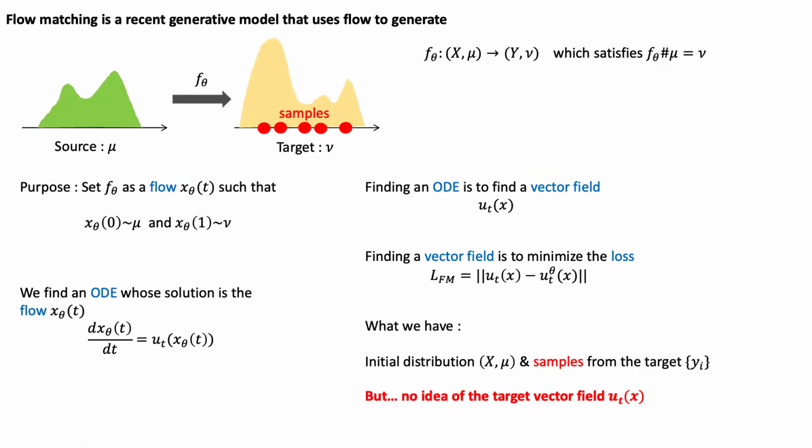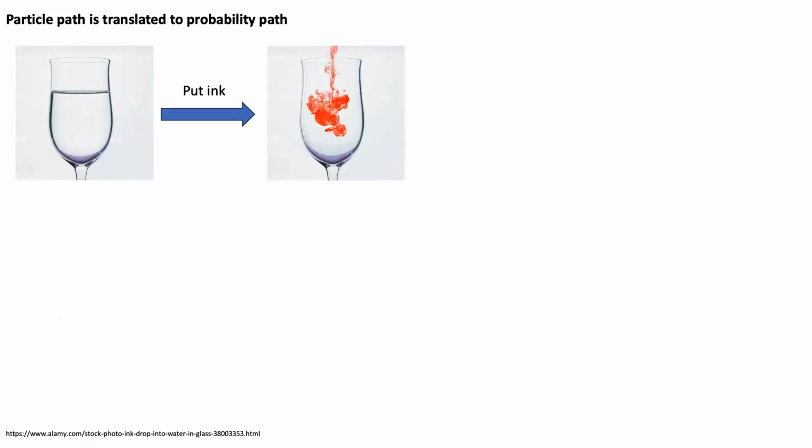Okay. So let's go into this a little bit deeper. Before that, I want to explain two concepts, two ways to explain the same phenomenon. So particle path is one thing and probability path is the other thing. Imagine that you have a glass of water like this, and you put some ink in here and stir it. You want to describe the motion of this ink.